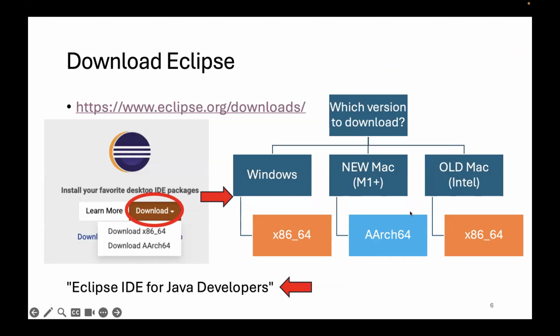Macs used to be all on Intel. That's one kind of chip. And then the new Macs came out in like 2020 with the new M1 chips. If it's M1, then it uses a different architecture, and you have to choose the AArch64. But if it doesn't say M something, then use the x86 one.